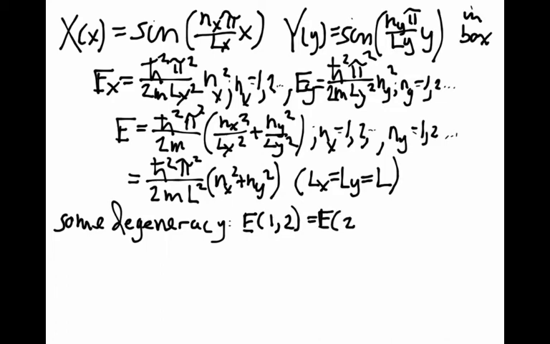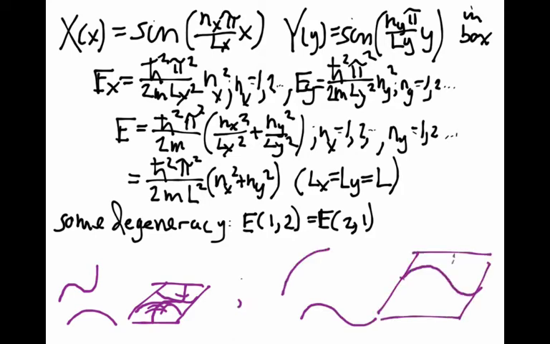The energy of nx equals 1 and ny equals 2 is exactly the same as the energy of nx equals 2 and ny equals 1. We call that degeneracy g, and it's equal to 2. And this is a way to think about it. If I have the 1, 2 case, then I have a single upward-going sine in x and a full cycle of a sine wave in y, and you get this patch that is bulging up as it's toward us, and then bulging down as we go away from us.